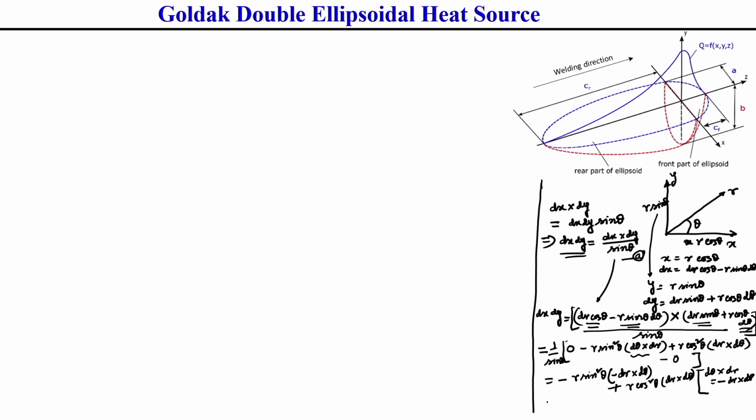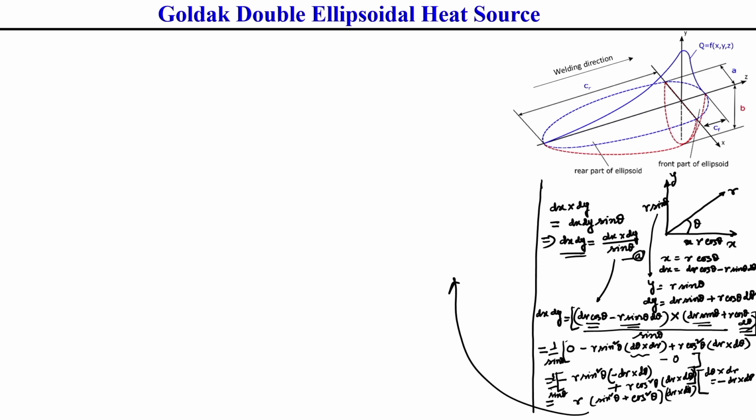This will give us r times sin square theta plus cos square theta, whole divided by sin theta, into dr cross d theta.